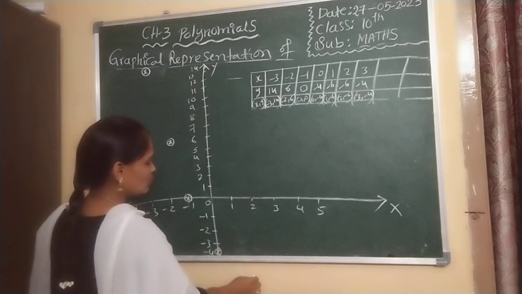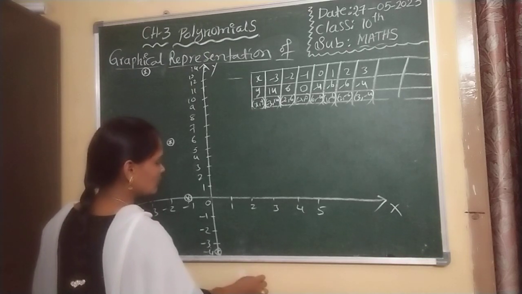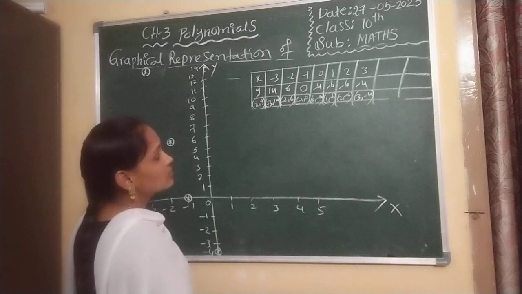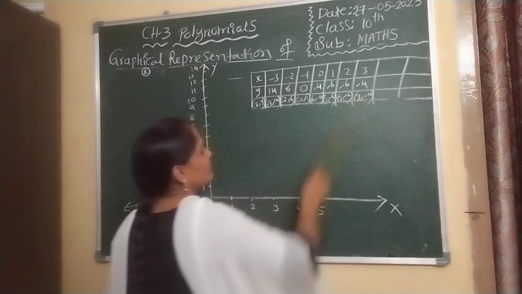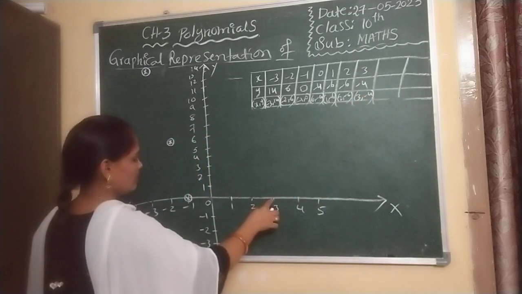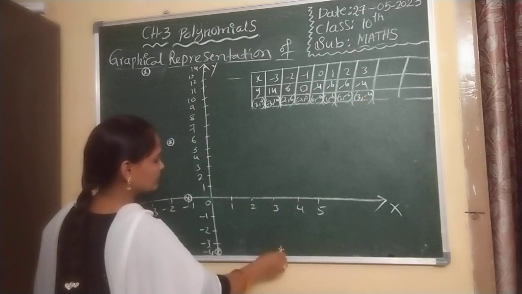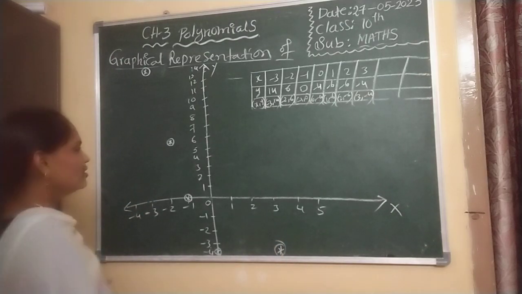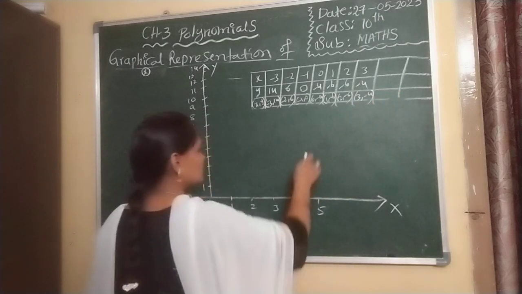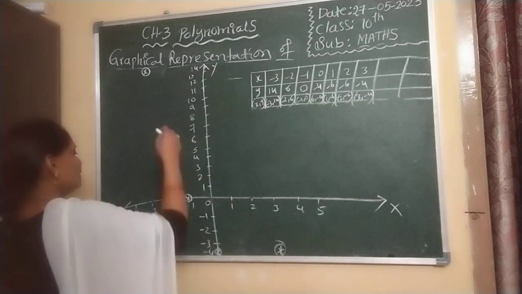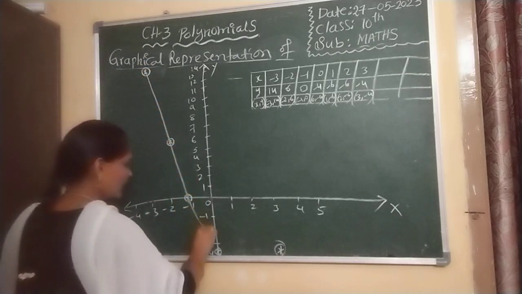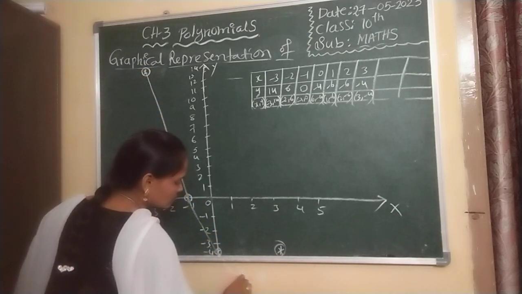Next, 3 comma minus 4. Minus 4 is here. Like this, if you take still more values you will get more points. By joining all of these freehand, you will get the curve.